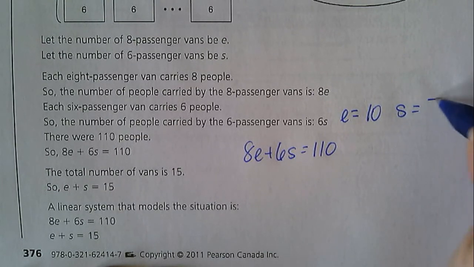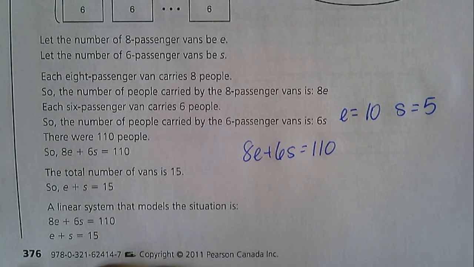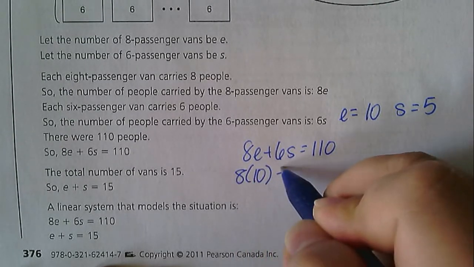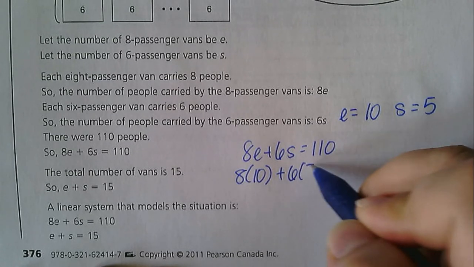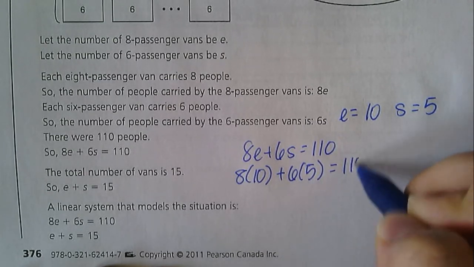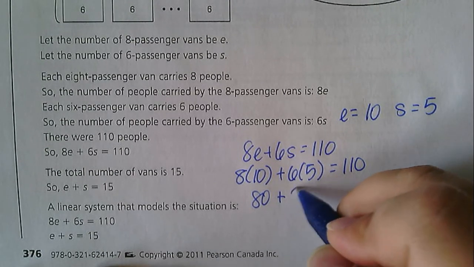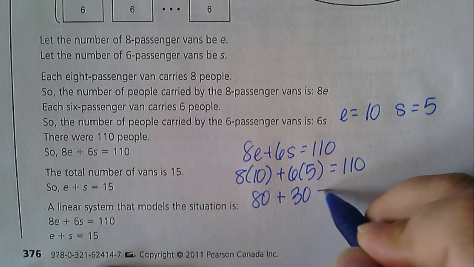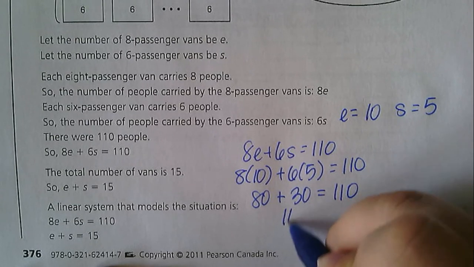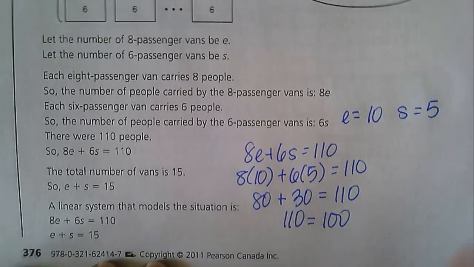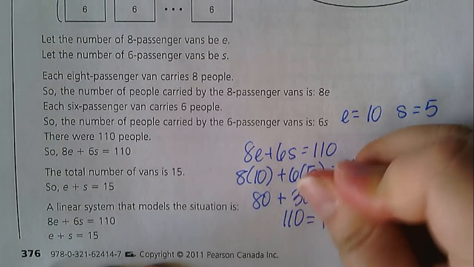My S value, I'm going to input 5. Let's see if it works. 8 times 10 plus 6 times 5 equals 110. That gives us 80 plus 30 equals 110. And 80 plus 30 is 110.